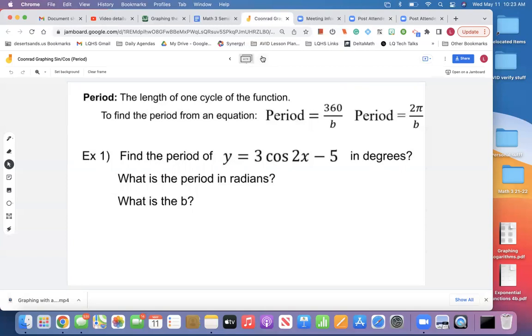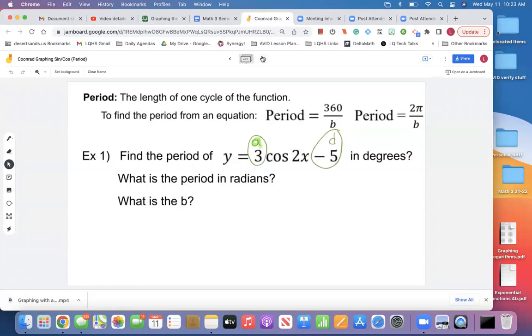So in this case, A is 3, right? D is -5, right? Neither one of those affects the period. This is the amplitude, and this tells us the vertical translation. We already know how to do those.